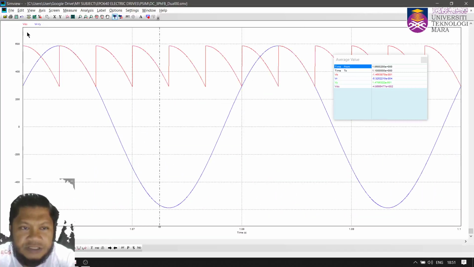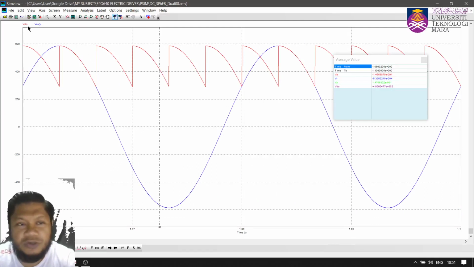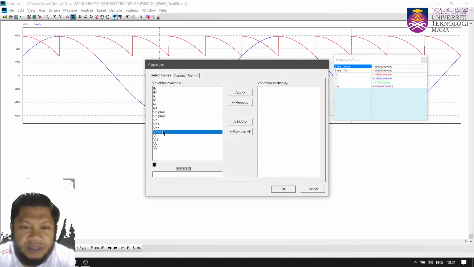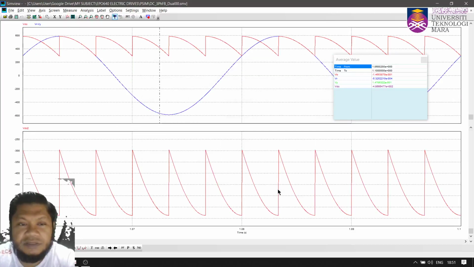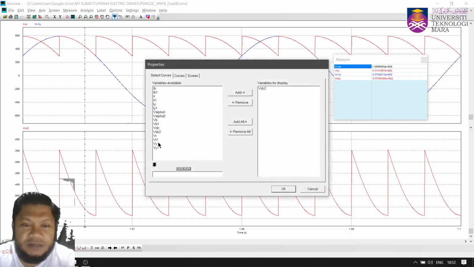Okay, so this is VDC, the output for the first converter, and if I can give you the output voltage for the second, this is the output voltage for the second converter.